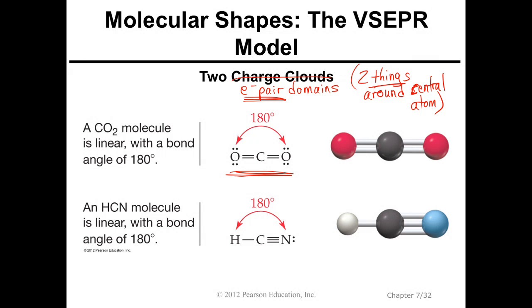You don't have any lone pairs on the central atom, so you're not getting any repulsion between those electrons and the ones in the bond, and as a result, this will just be a linear molecule.